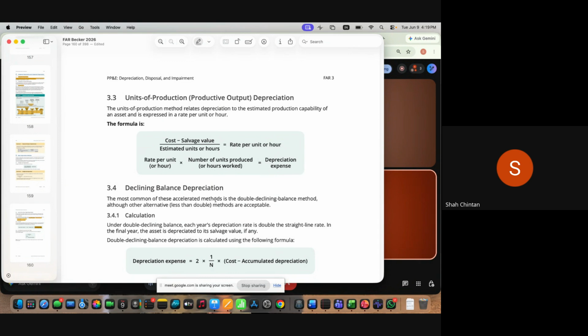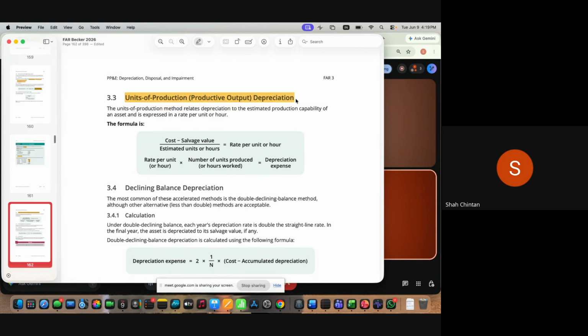And then every year, let's say first year your car runs for 8,000 kilometers. So you depreciate 8%. Second year your car runs for 41,000 kilometers. You depreciate 41%. So units of production method says that your depreciation is directly linked to the output generated by your fixed asset. So higher the output, higher the depreciation, lower the output, lower the depreciation.